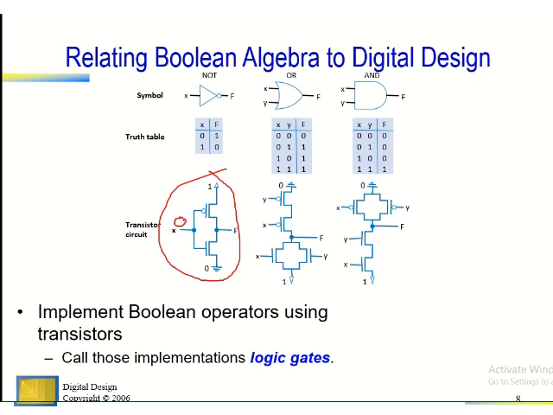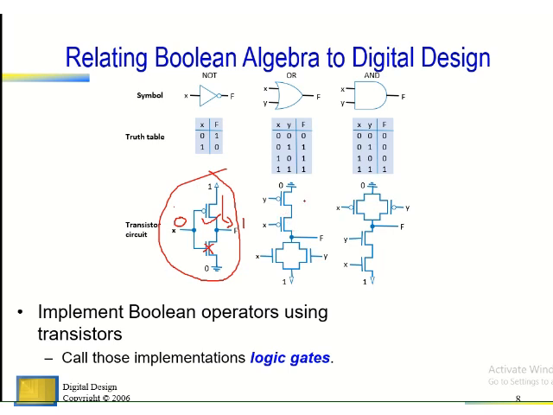Because of this 0, the NMOS will not conduct, and the PMOS will conduct, and as a result at F you will receive a 1, right? Similarly, if you apply 1, then the PMOS will not conduct and the NMOS will conduct, and you will receive a 0. So basically this is your NOT gate.